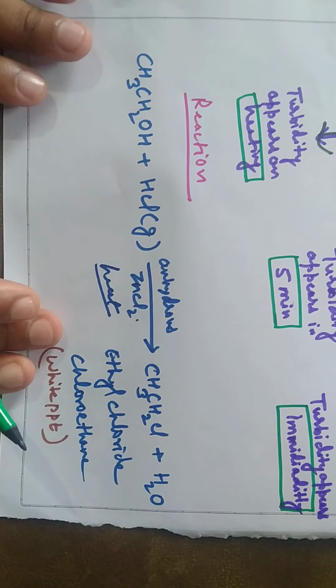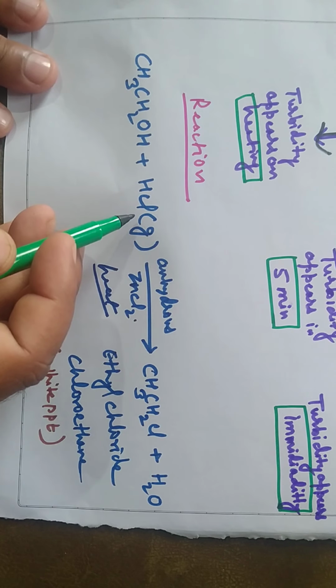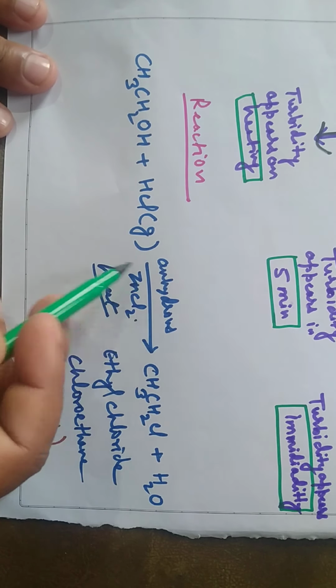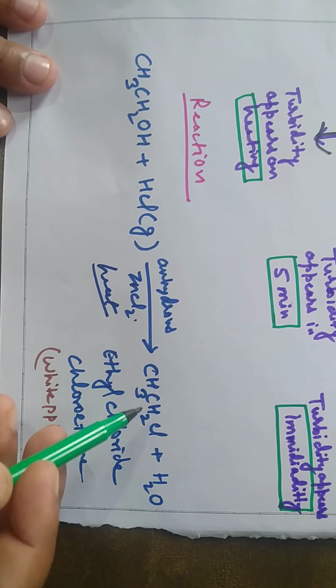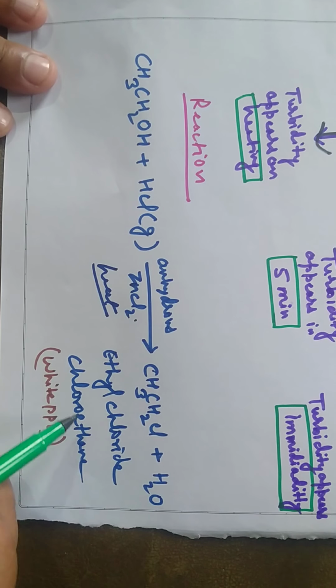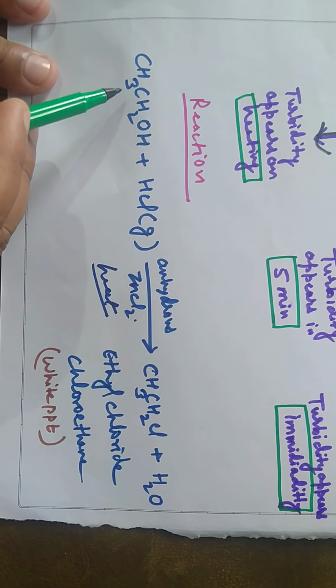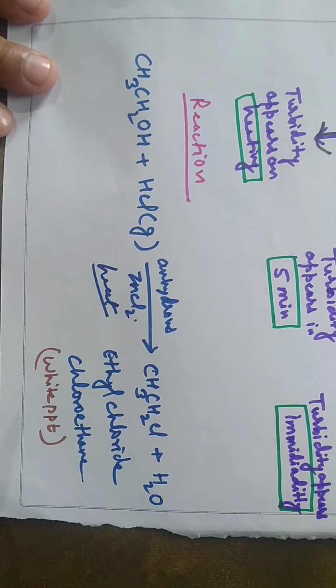Here you will see that we have ethanol and this one is HCl. On reaction with Lucas reagent it will form alkyl chloride and water. Here we formed ethyl chloride, or we can say chloroethane, since we have taken ethanol. If we take 2 degree alcohol, then another product will form.